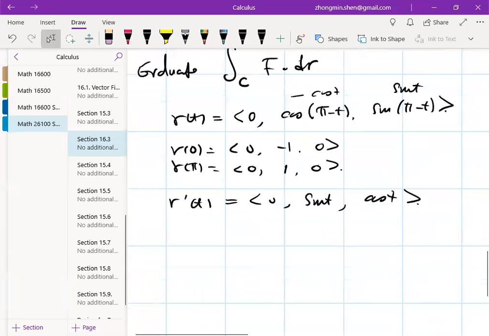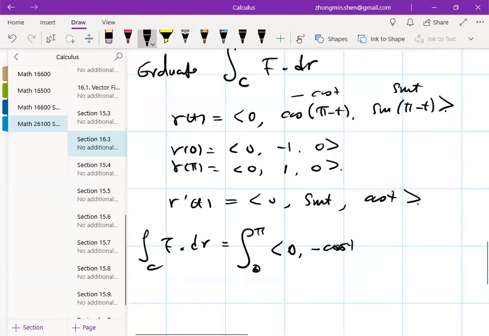So now we have to do the calculation, right? The integral from 0 to pi. What is F? It's just x, y, z, right? X is the x component, so it's 0. Y is negative cosine t. This is sine t. Yeah, this is F of x, y, z. Okay.